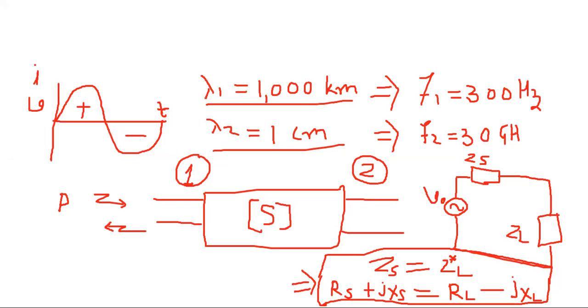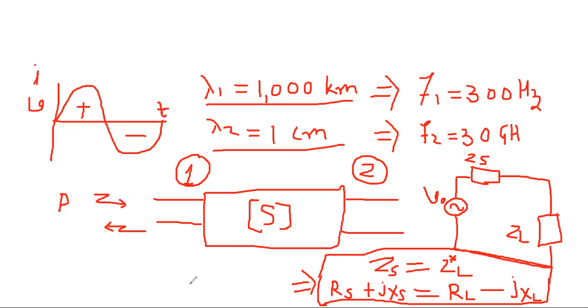So there should be matching, and this gives you the impedance matching techniques. There are various impedance matching techniques in microwave, and they are required because they are not required at low frequency. At 300 hertz you don't require any impedance matching.